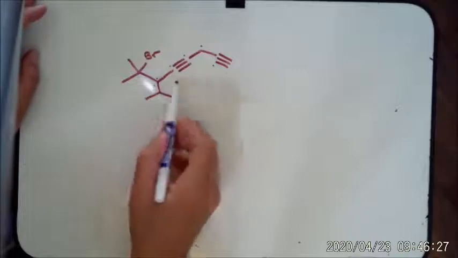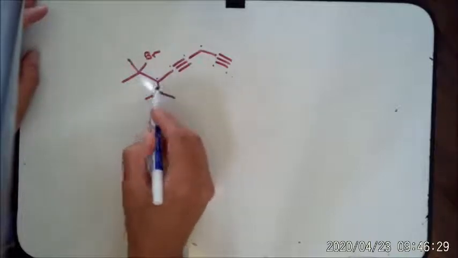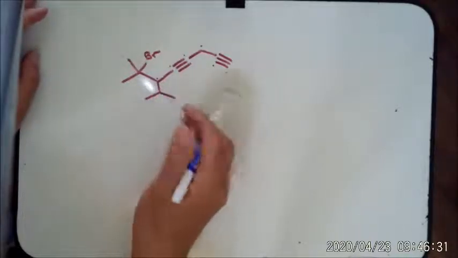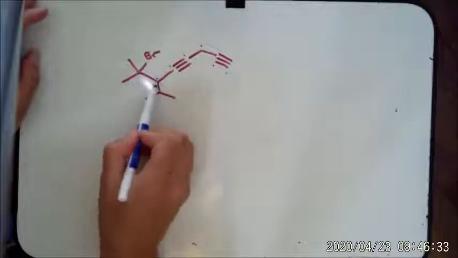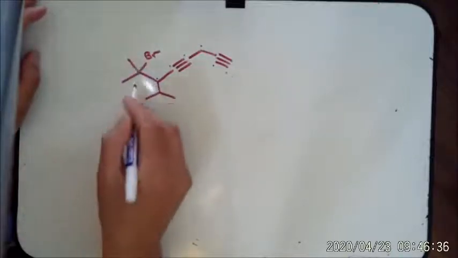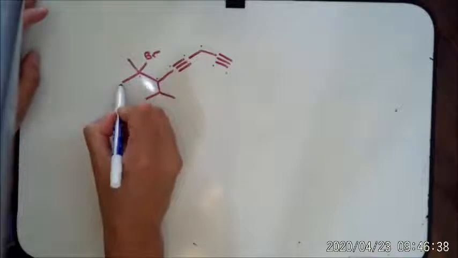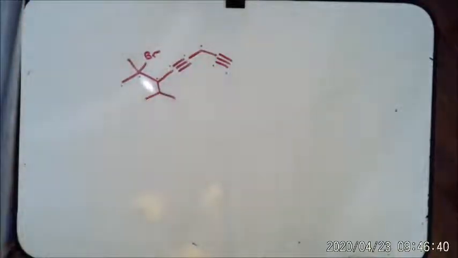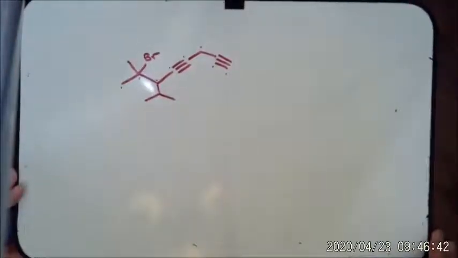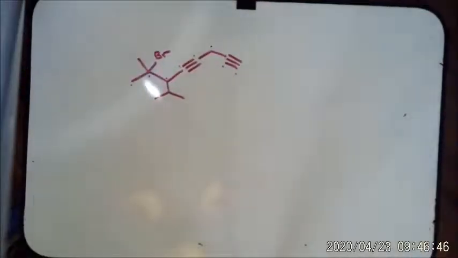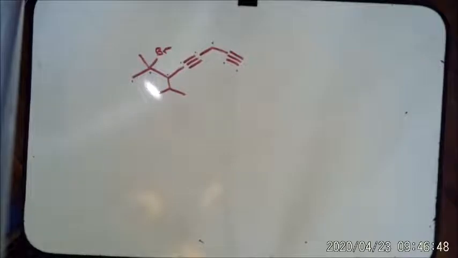So remember, when we choose it, if I go this way, I only have 2 substituents. If I go this way, I have 1, 2, 3 substituents. So when you have redundancy and you have to make a choice of which path, then you're going to choose the path that's going to give you the most substituents.